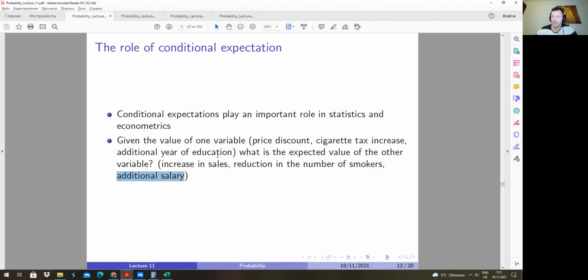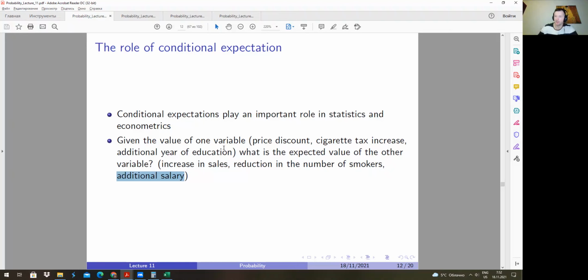I mean, not exactly these questions, but the types of questions during the econometrics course. And as you may guess, this is the cornerstone of all the data analysis. So we are looking for some dependencies or connections between different variables, and what is most important, we are trying to answer some questions.